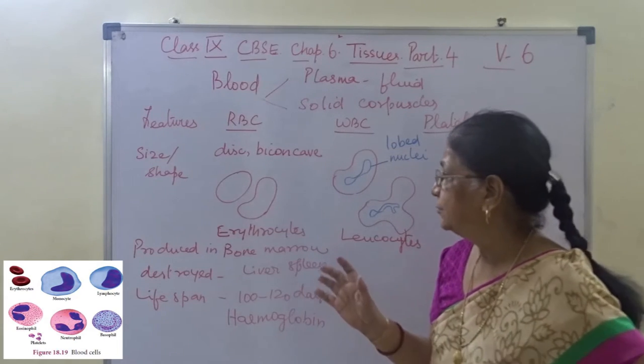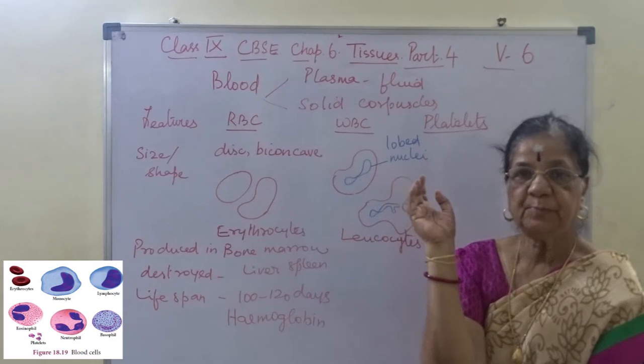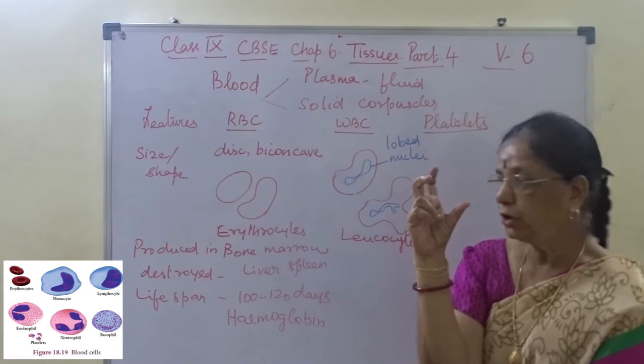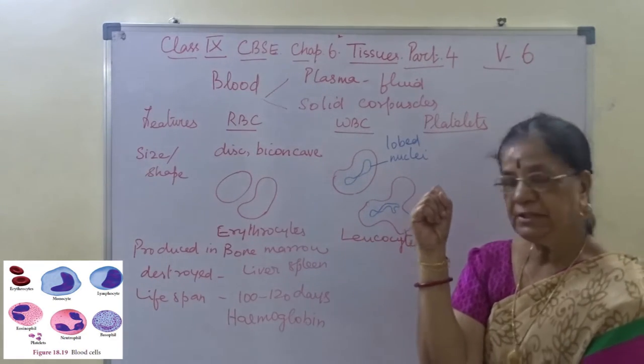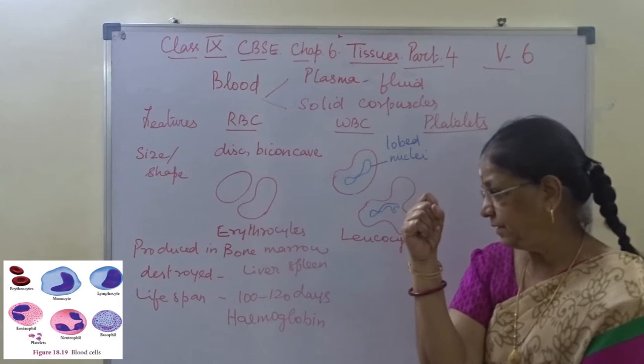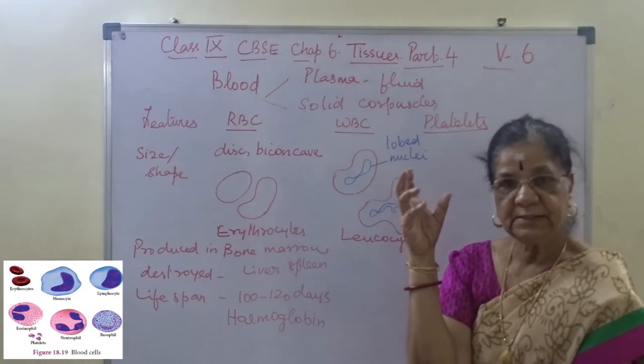So I repeat, RBC is disc shaped, biconcave, and piled up like a coin. They are produced in the bone marrow and destroyed in the liver and spleen, and the lifespan is 100 to 120 days.